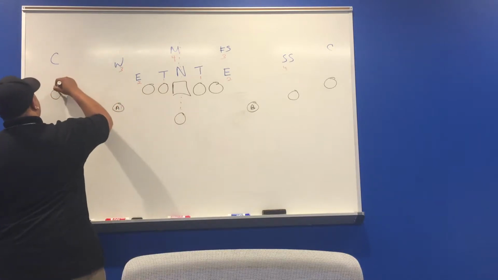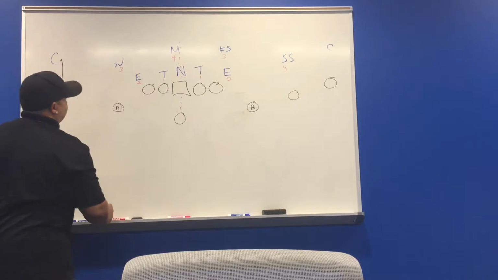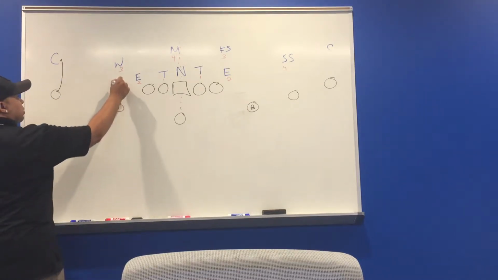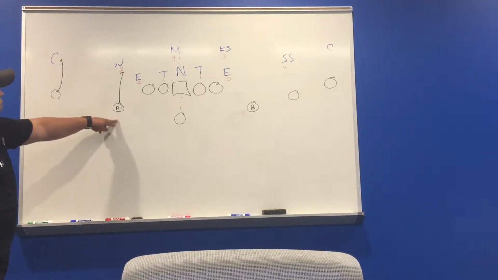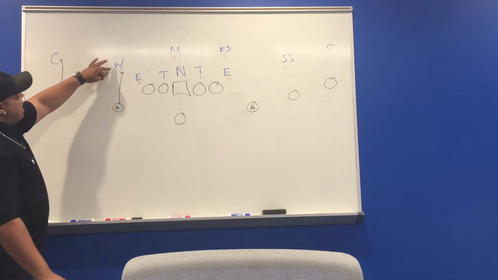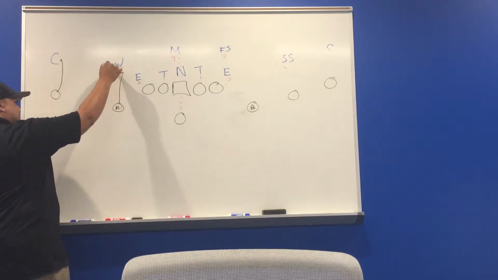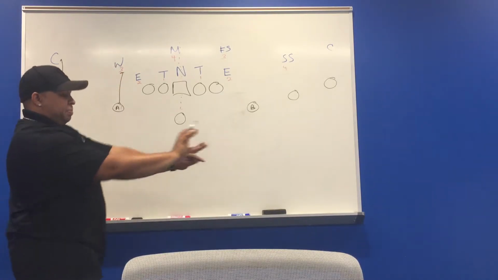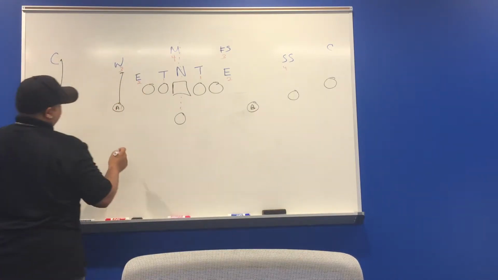All right, receiver here, the X is coming up here to stalk block the corner. The A, you're coming to get this closest defender right here. What you want to try to do, A, is get this guy pinned in. Okay, we want to try to get to this guy's outside shoulder and work him inside. Okay, we want to try to clear this area out.